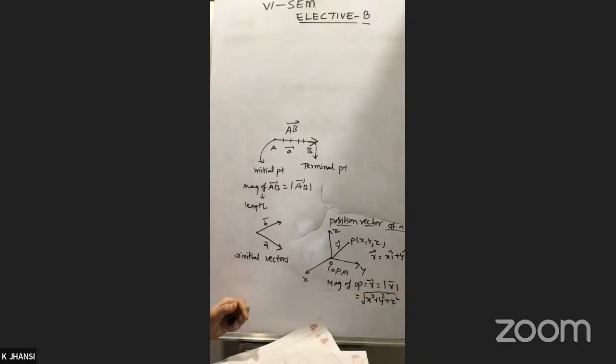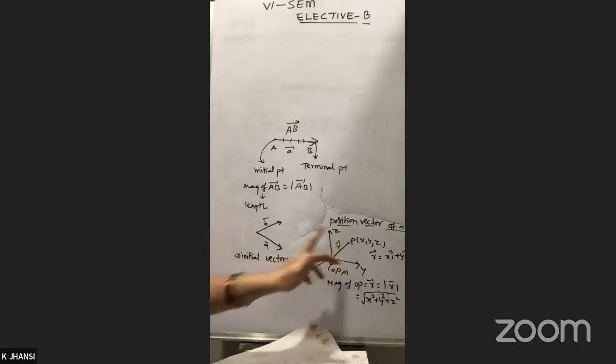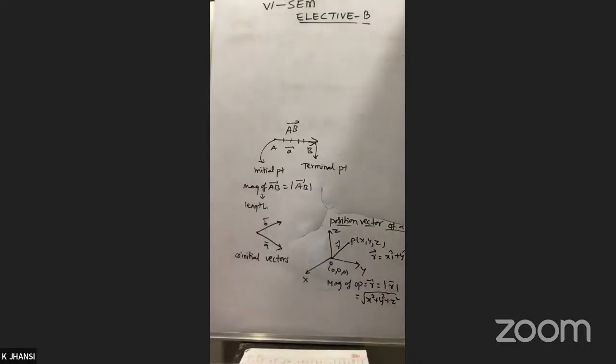This is the way to find the magnitude of the position vector of a point P in three dimensions. If it is two-dimensional, we get the square root of x square plus y square. So this is about the position vector of a point P.